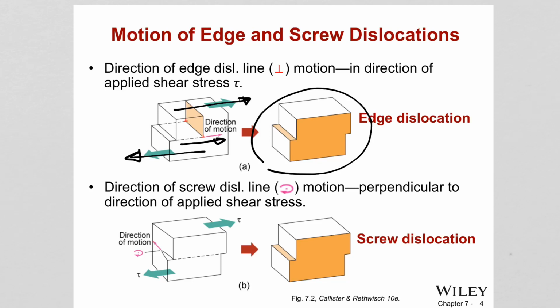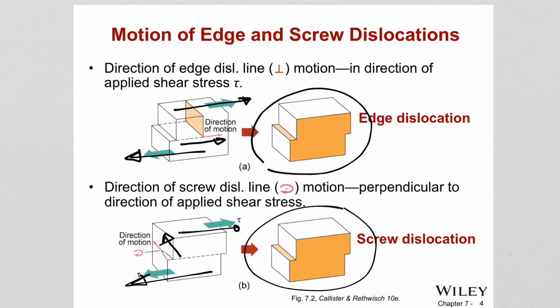When it comes to the screw dislocations, on the other hand, when the shear stresses are applied, the dislocation motion is perpendicular to the applied shear stresses. However, in the end, the net plastic deformation for the motion of both dislocations is the same, because you can compare these two and they are the same.